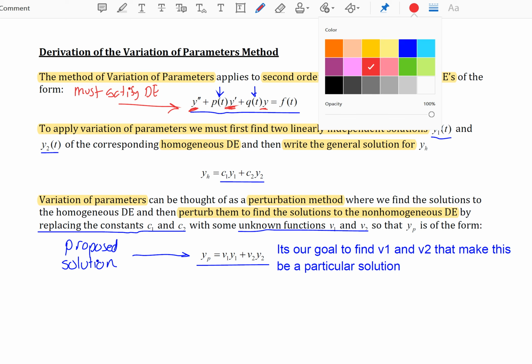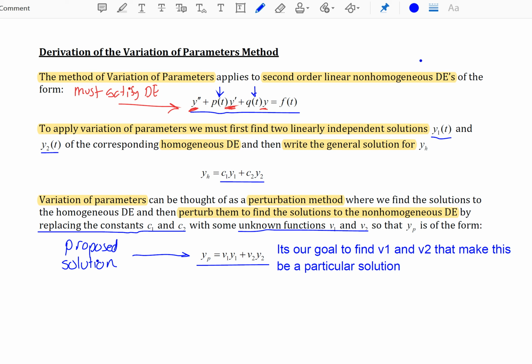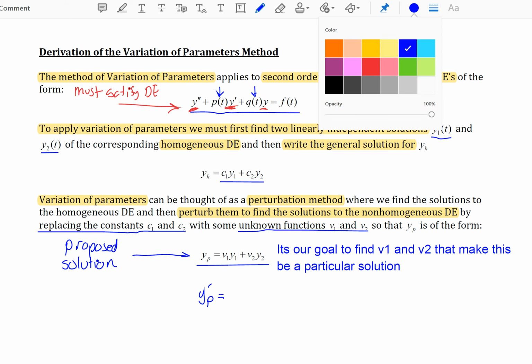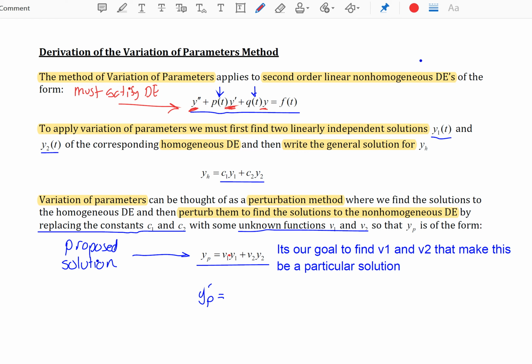The way we're going to do this, let's organize our work a little bit. If this is yp, let's first find yp prime. And when finding yp prime, you want to know that v and y are all functions of t. So when we write this proposed solution, we want to identify that these are all functions of t, and so the product rule applies.